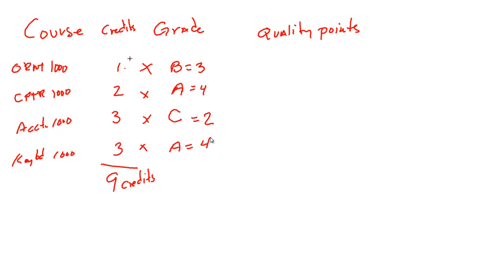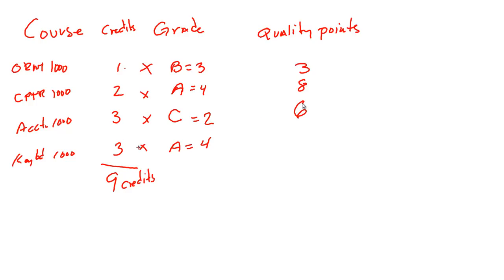So I have 1 credit times 3 would give me 3 quality points for orientation 1000. 2 credits times 4 would give me 8 quality points for CPTR 1000. 3 credits times 2 here would give me 6 quality points for accounting 1000.